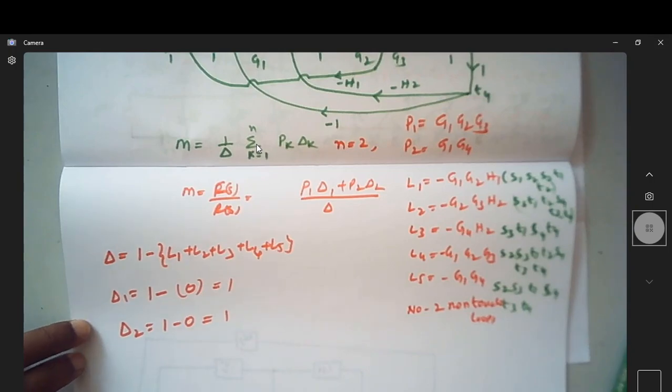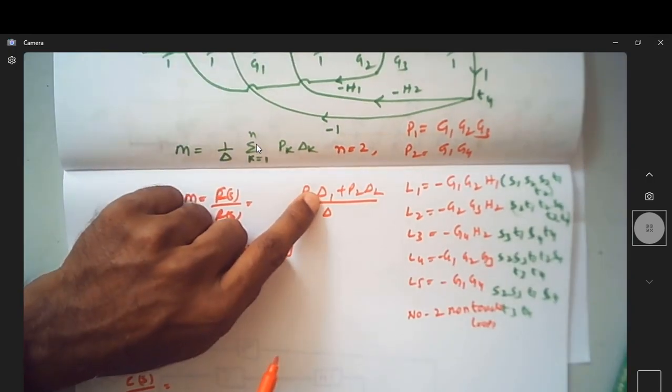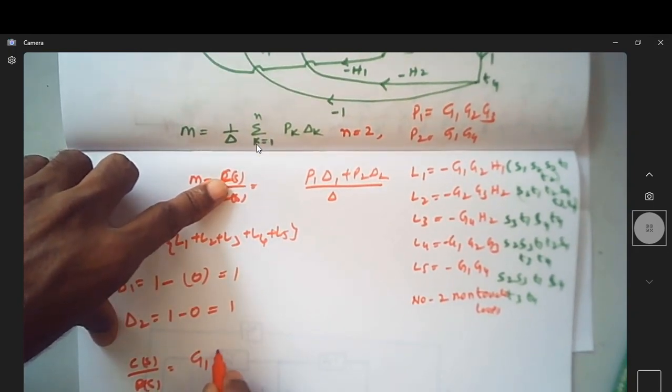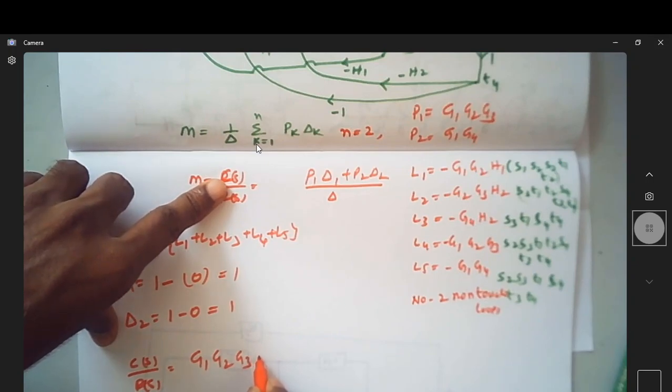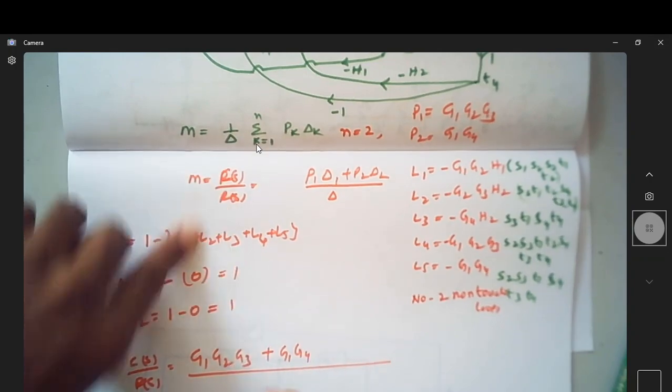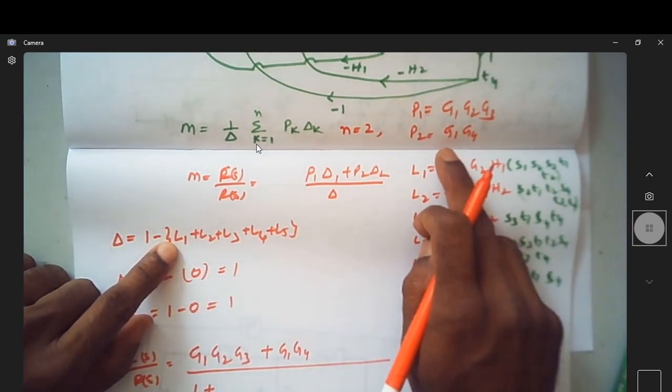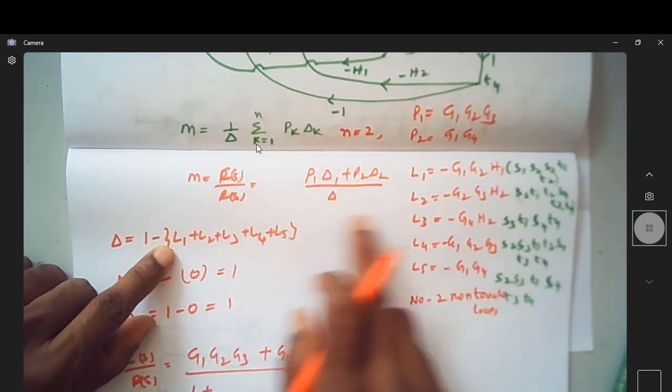So now what is the expression for the Mason's gain formula? It is CFS by RFS. It is P1 delta 1 plus P2 delta 2 by delta. So P1 is G1, G2, G3. Of course, delta 1 is 1, and delta is 1 plus, because all these gains are negative, minus of minus will become plus.